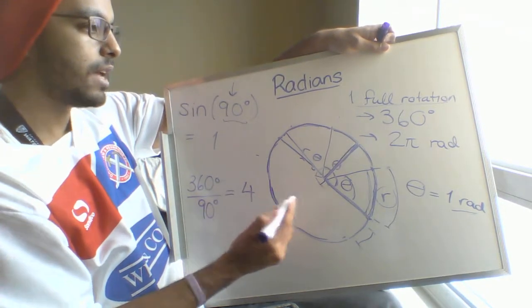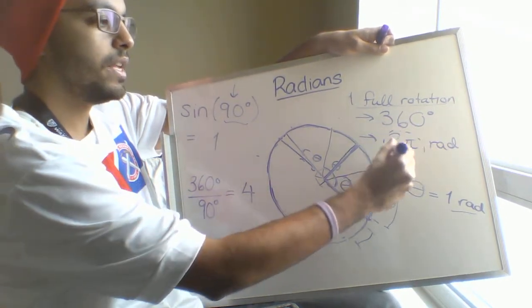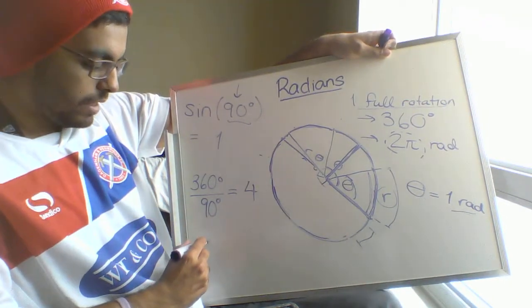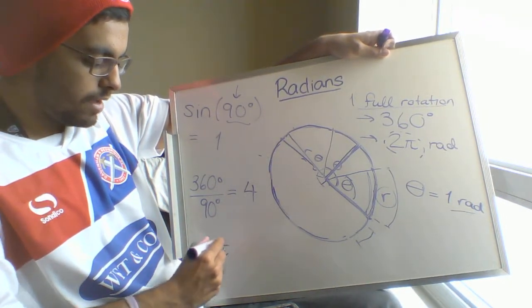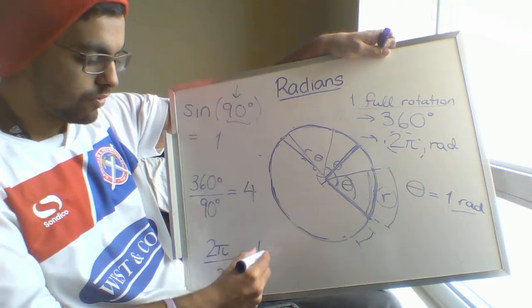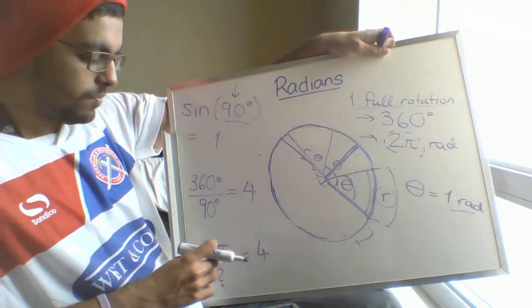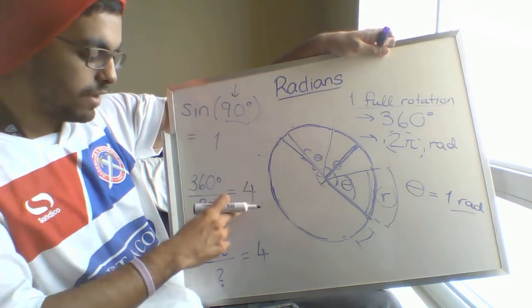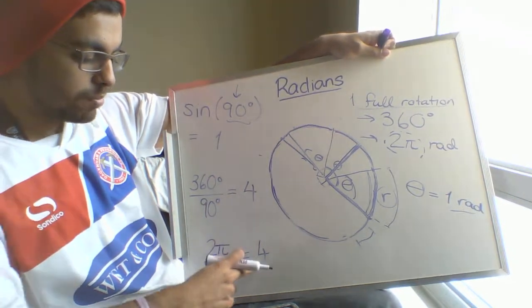So that means for our radians, it should also be 2 pi over some number is equal to 4, to make that ratio the same. 360 divided by 90 gives us 4, so 2 pi divided by something gives us 4.